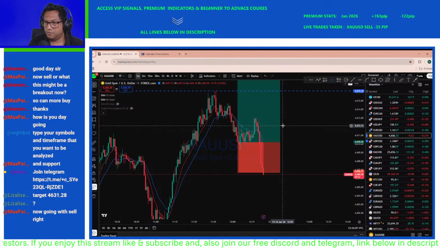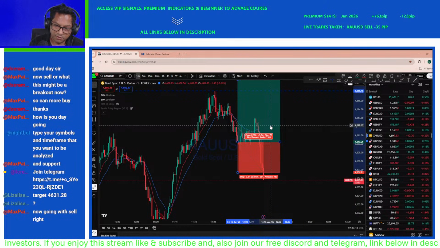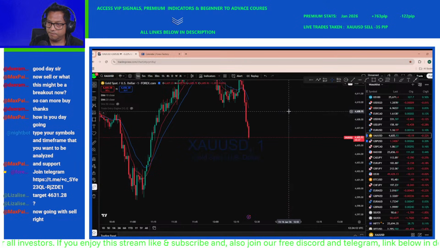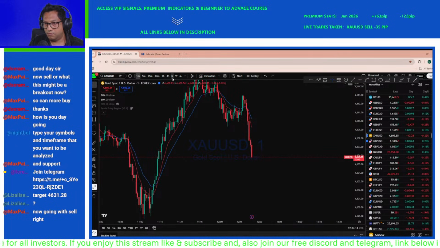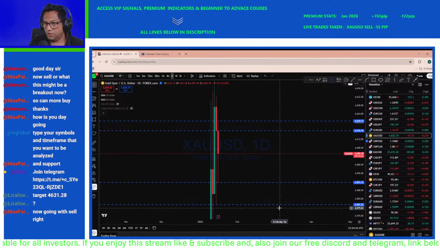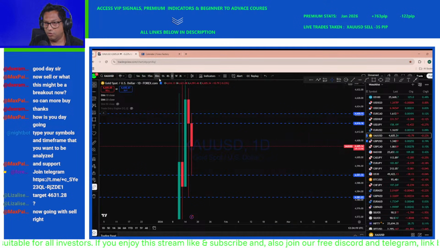It's not going to move. It might go back to the daily low here again. So eventually we could see the price break that daily low.